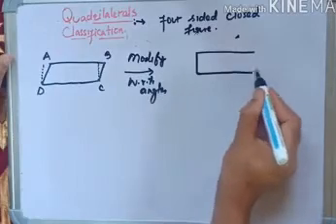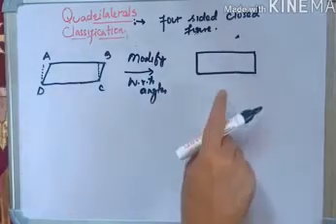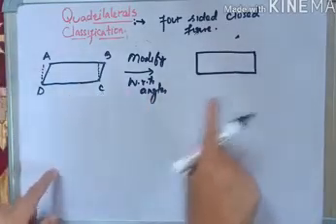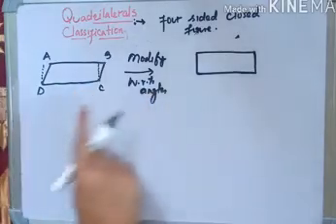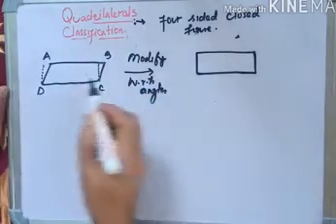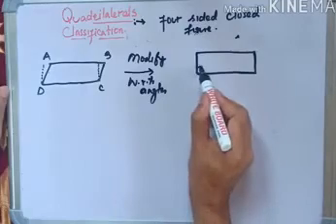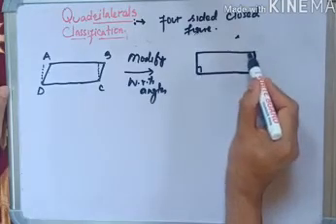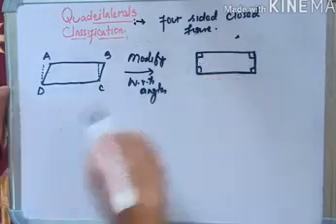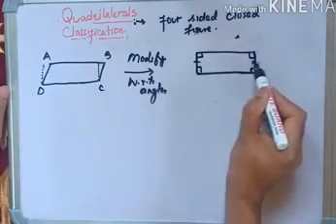Now this is a quadrilateral which I got from the parallelogram. But look at the difference. The difference is that here each of the angles is now 90 degrees, and opposite sides are equal.